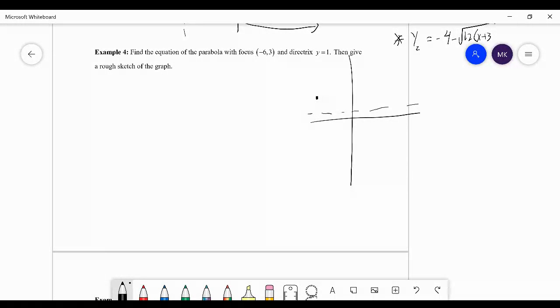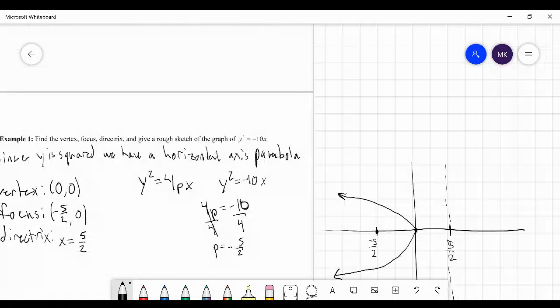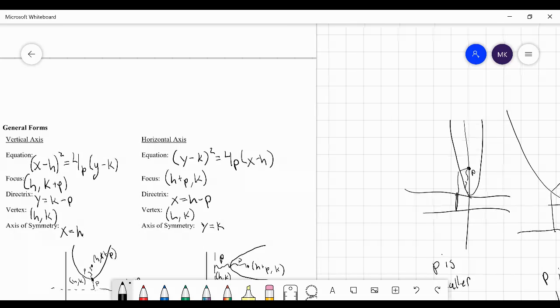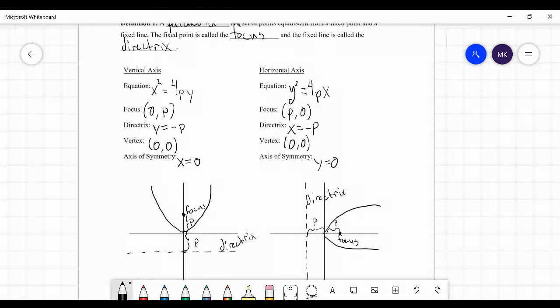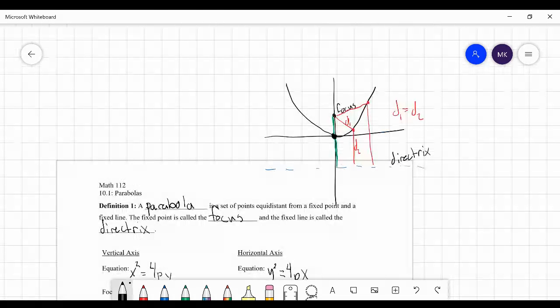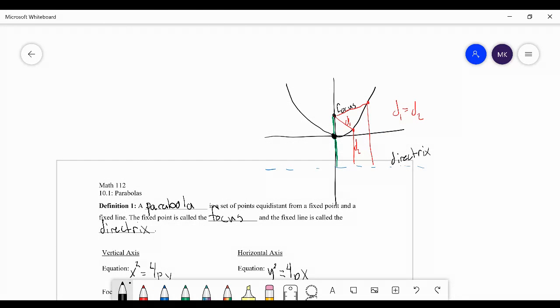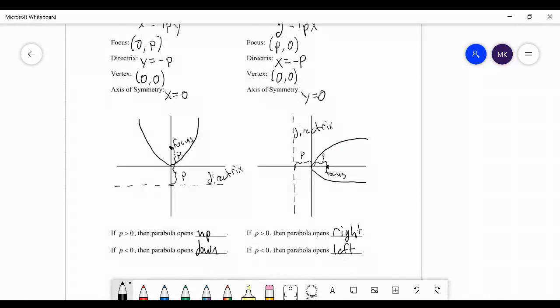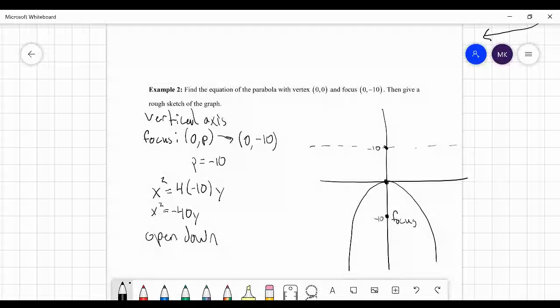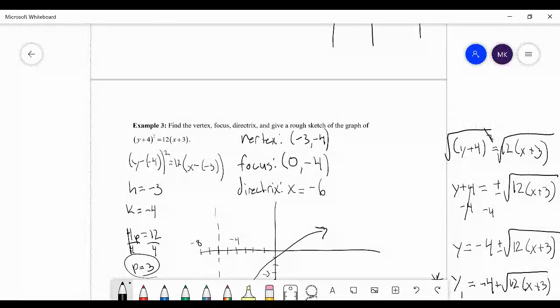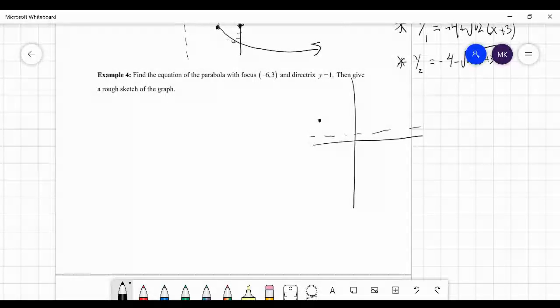So what's really cool is if you remember, we talked about this all the way back at the beginning. Let me jump all the way back up here to the beginning. This green here, right? We talked about the distance from these 2 points. That distance is p. So halfway between the focus and the directrix is always going to be our vertex.